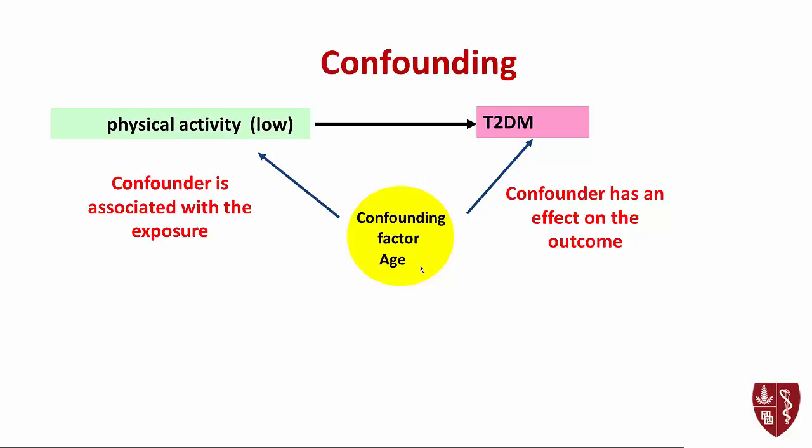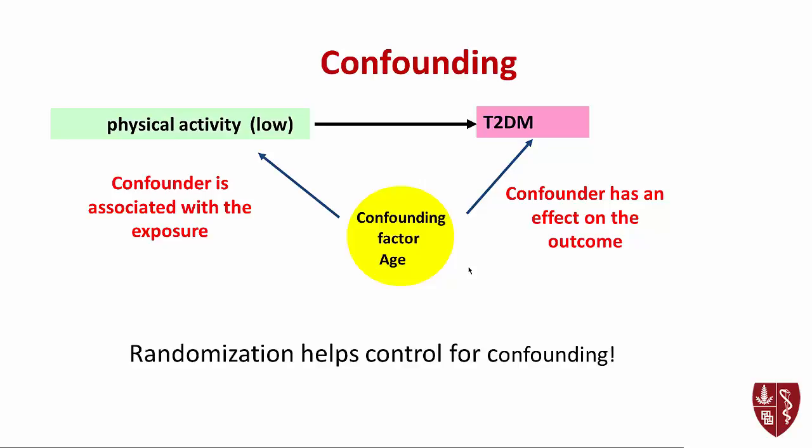Some of that increased risk might be coming from increased age, because the only way to control for this is through randomization. So we are lucky because we're talking about randomized clinical trials. There are other statistical procedures that can be used to control for confounding, and you can do certain things in the design phase. But this usually is an issue for observational studies where subjects are selecting their own exposures.